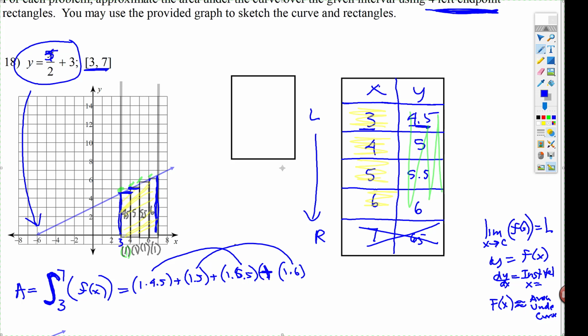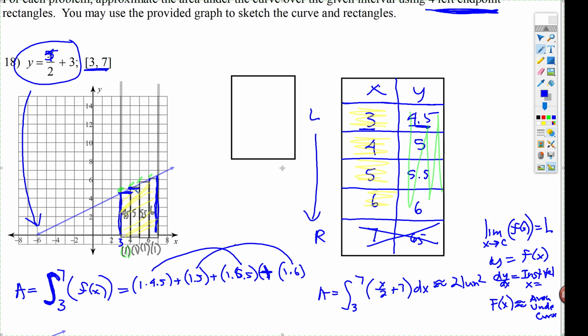So the area under that curve from 3 to 7, and you could actually write the function name in right there, we're going to tack on that dx, is approximately 21 units squared.